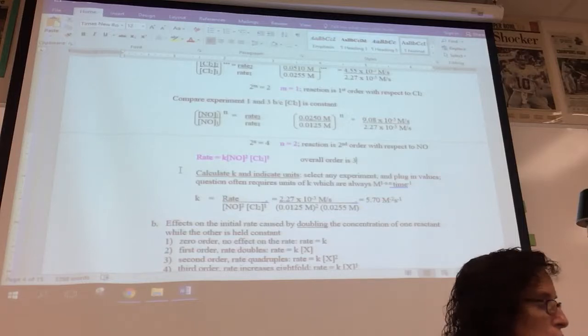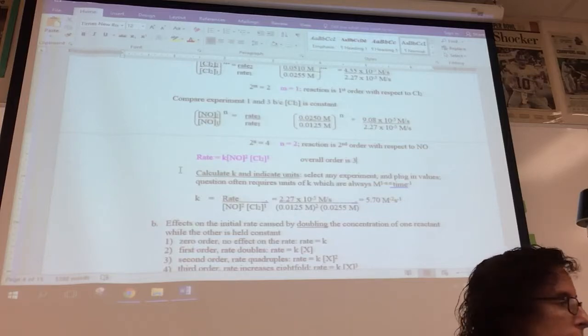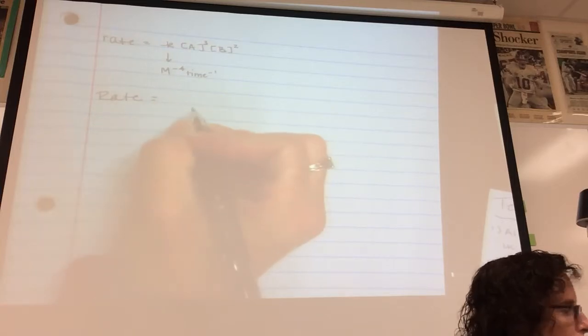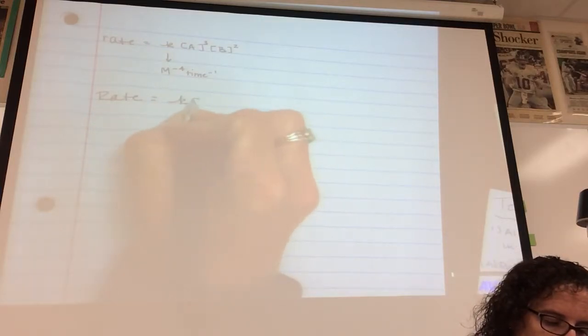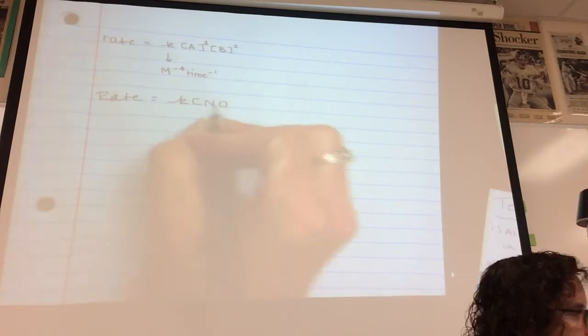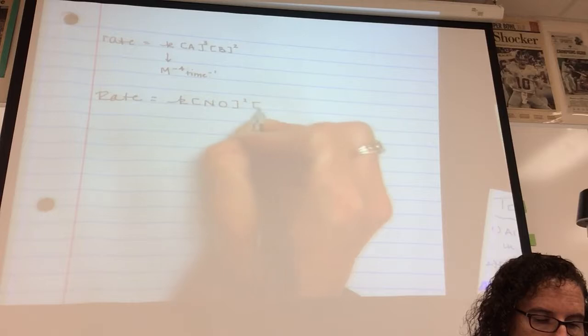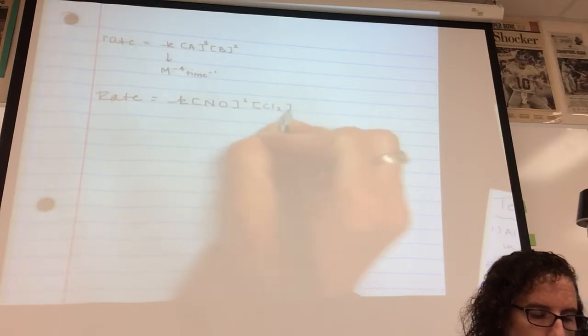Okay, so you can calculate K. The rate law that we got was rate is equal to K times the concentration of nitrogen monoxide squared times the concentration of chlorine.